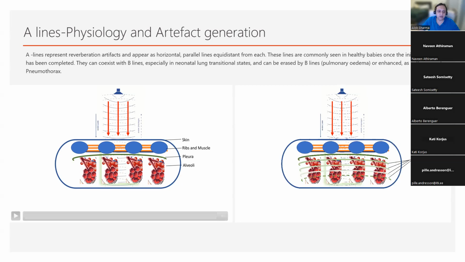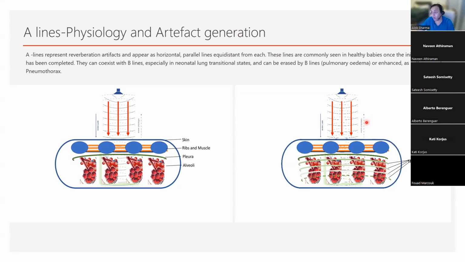So you have an ultrasound machine throwing waves which are coming down, and as they come down, they cause reverberation in the pleura, which is seen in green over here, which then causes further reverberation down and produces these horizontal lines. It's these horizontal lines that we call A lines, and they usually reflect aeration of the lung.